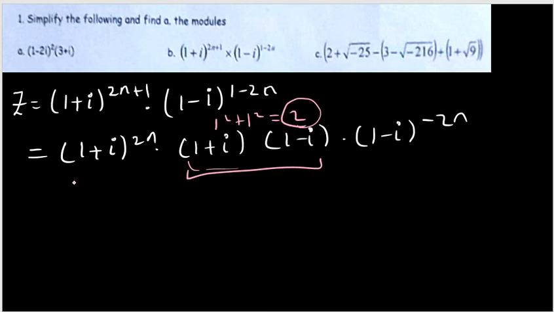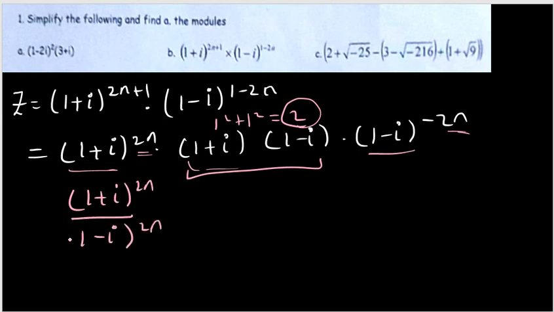No need to worry. But the first and the last have the same exponent, though this one is negative, so I can bring it down. Let's write again: (1 plus i) to the power of 2n over (1 minus i) to the power of 2n.